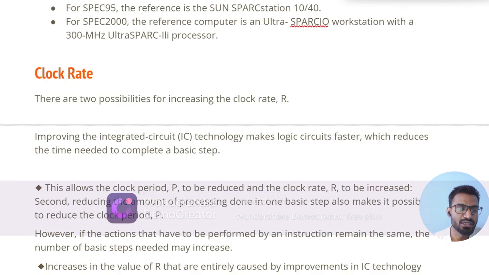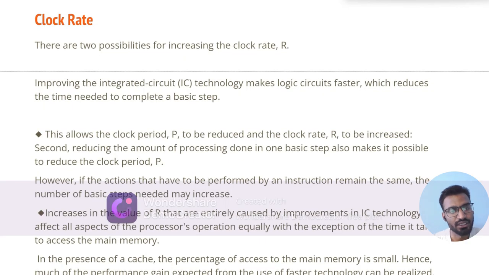Now we study clock rate. What is clock rate? There are two possibilities for increasing the clock rate. One is improving integrated circuit (IC) technology to make logic circuits faster, which reduces the time needed to complete a basic step. This allows the clock period P to be reduced and the clock rate R to increase.